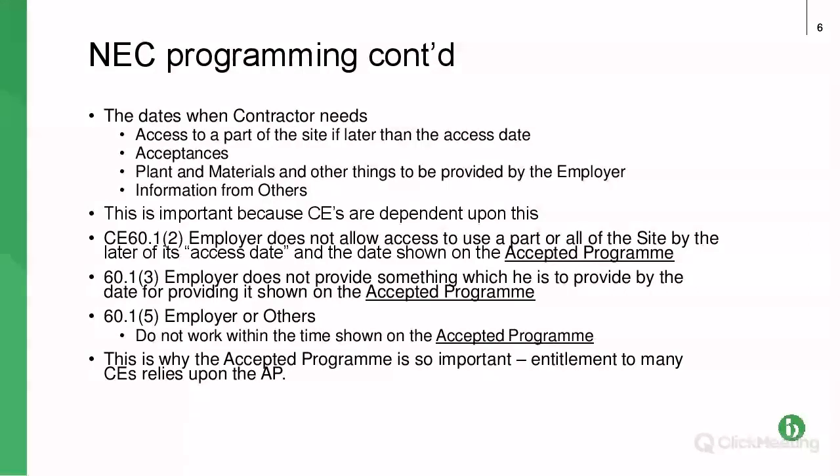So if we just go to the top bullet point, these are the key dates that a programmer must include in the programme, or you are putting potential compensation events massively at risk, and therefore potentially losing your business a lot of money. So the dates which need to be included, first of all, as we've seen, access to part or all of the site, part of the site if it's later than the access date in the contract.